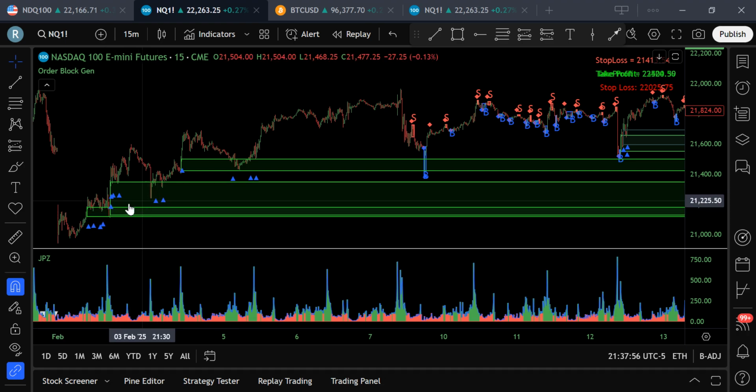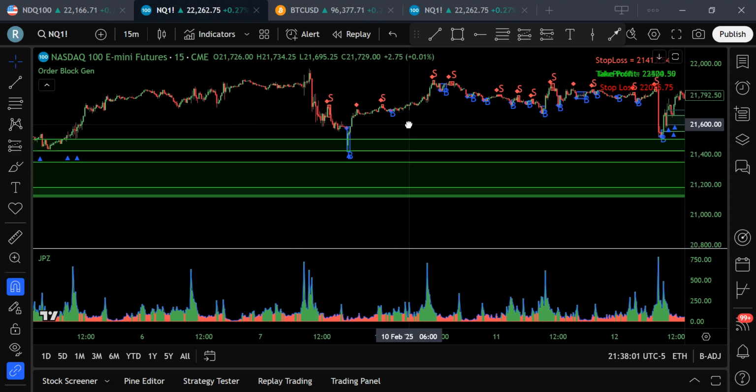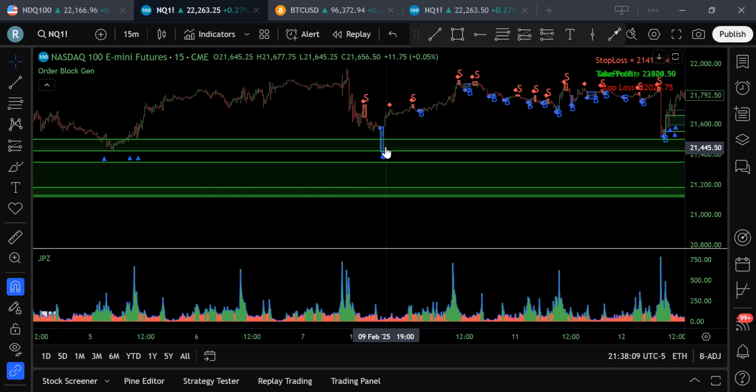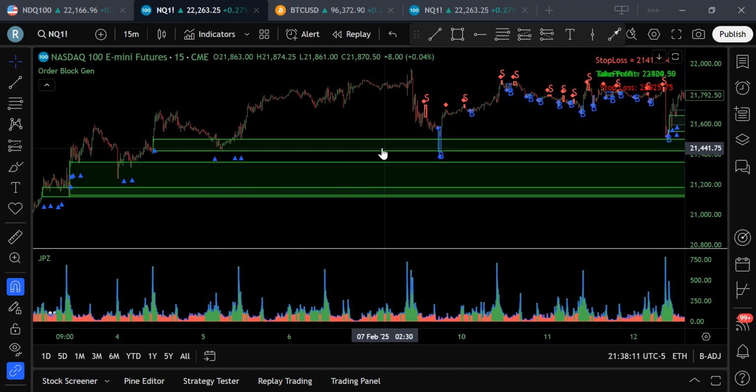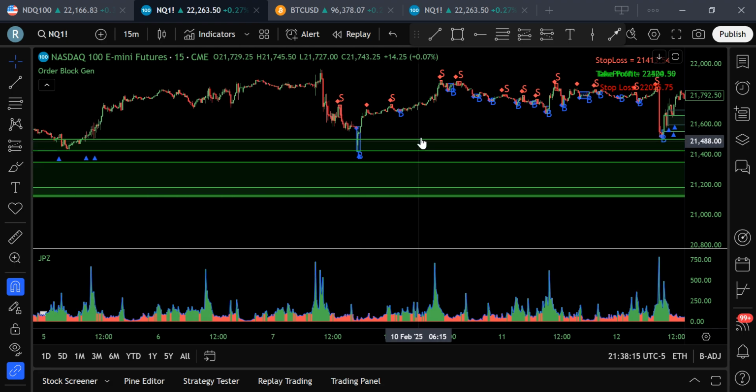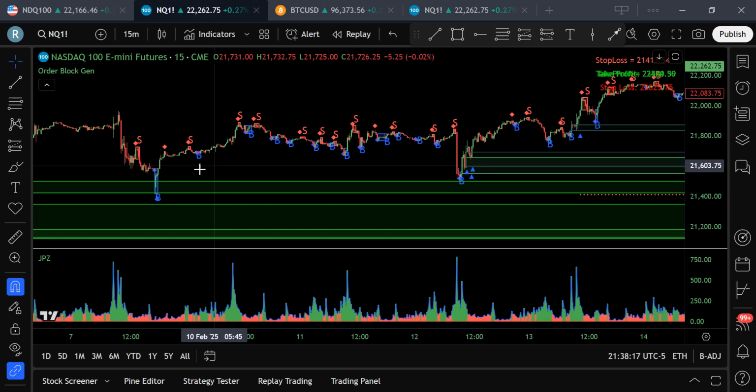As we can see here, some overlapping zones with plenty of buy alerts. And then the order block gen kicks in here. You see how that order block is forming right inside this retest, which you could easily take a buy on, since we already have these number of alerts, making it a verified strong zone.